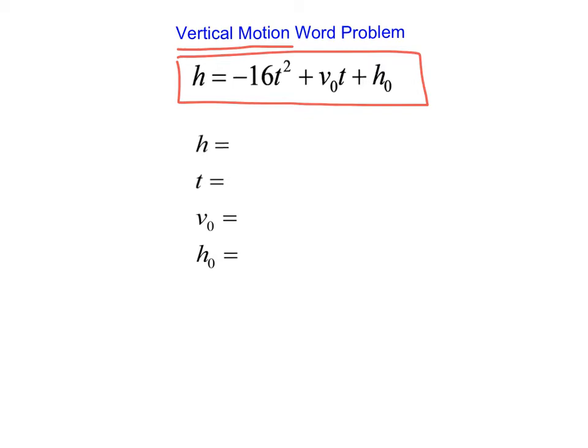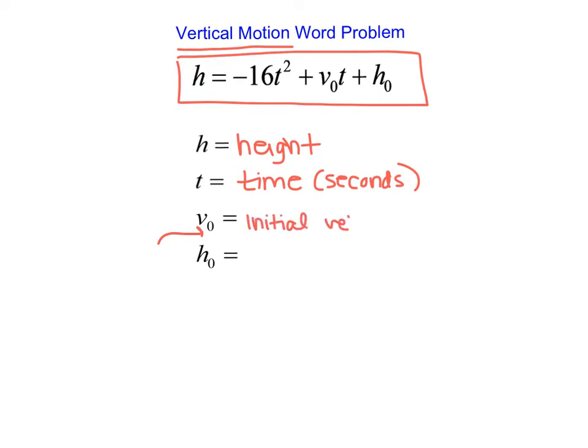In this particular problem, h represents the vertical height. So that's how far an object is into the air. The t value is the time, and typically time is in seconds, but sometimes that can vary. The v sub 0 down here stands for initial velocity, and this has to be initial velocity because velocity can change due to gravity pulling items back down to Earth.